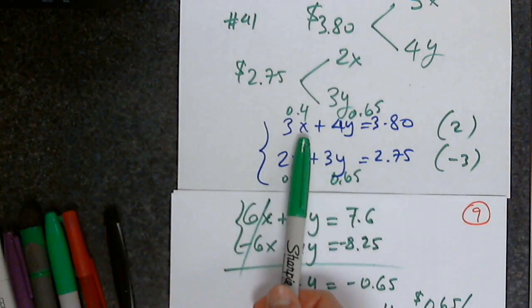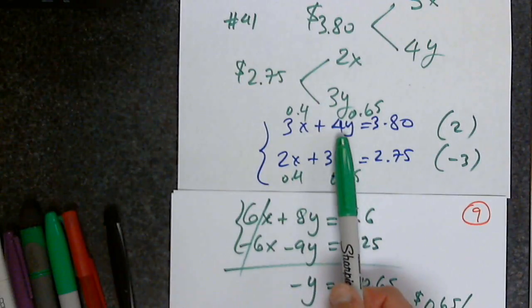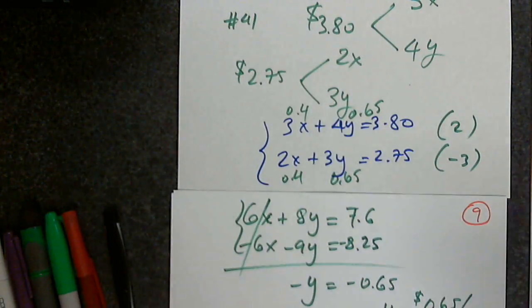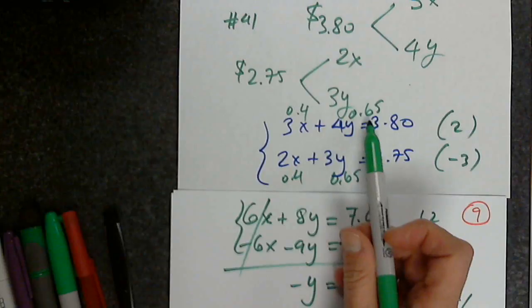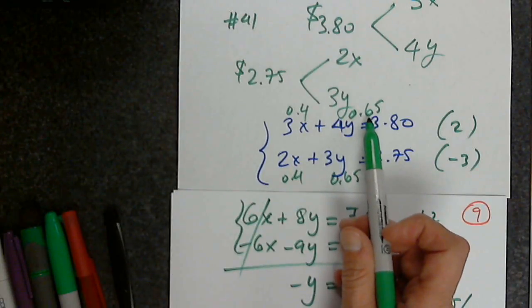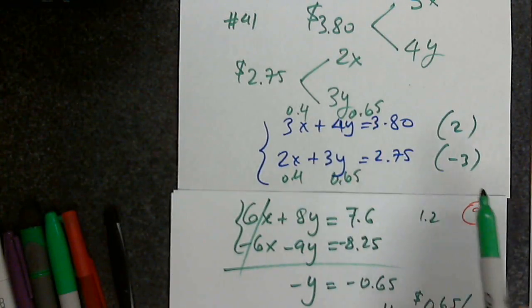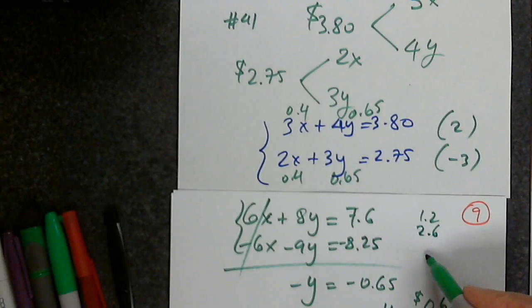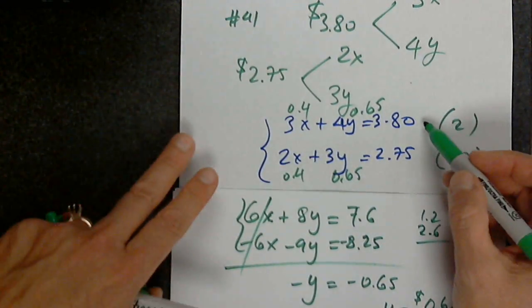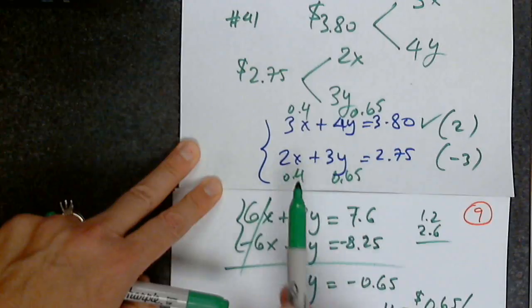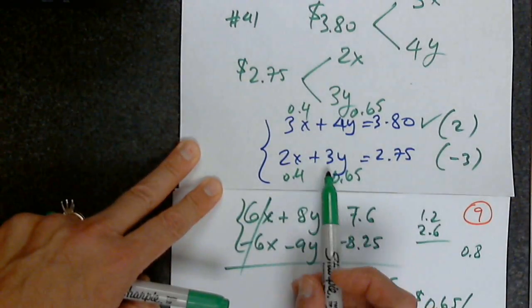So 3 times 0.4 is 1.2, and this 4 times 6, 24, 2.6. Yes, that is correct. Now this is 0.8, and this is 3.